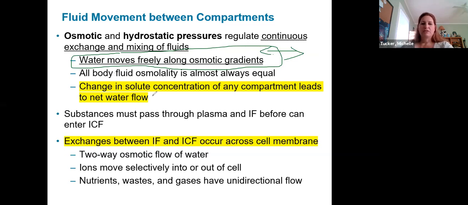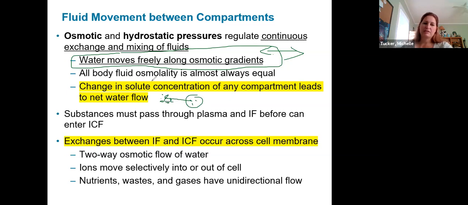A change in solute concentration of any compartment leads to net water flow. So if we increase the amount of salt in the plasma as compared to intracellularly, then water will flow from a high concentration of water to a lower concentration of water.